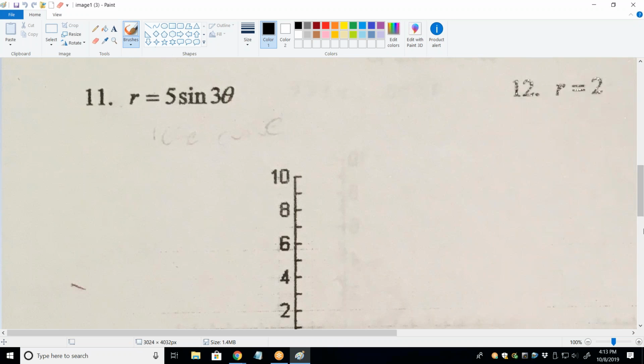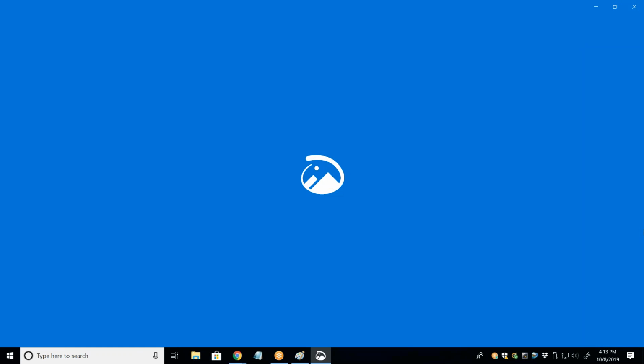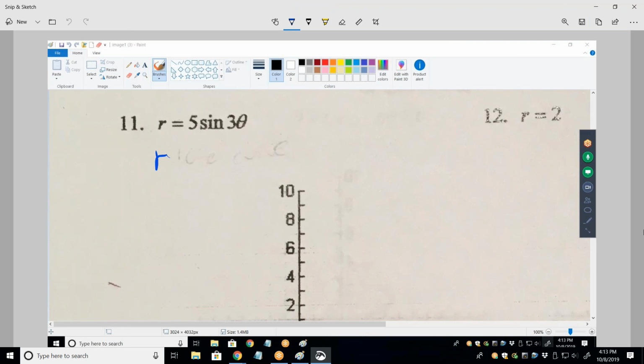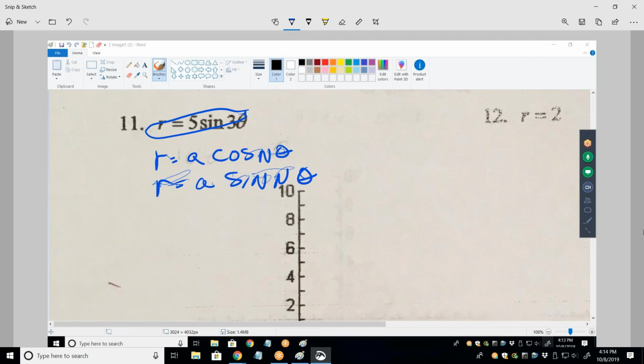A is the distance of the petal, so it's going to go up 5. R equals A cosine of n theta, or R equals A sine of n theta. So we're looking at the second one there.